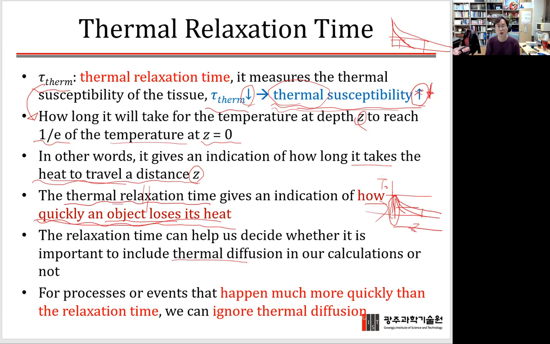If you have a longer relaxation time, it means it takes a longer time for the heat to conduct from one point to another point. That also means that to dissipate the heat to the surrounding tissue, it will take a longer time.